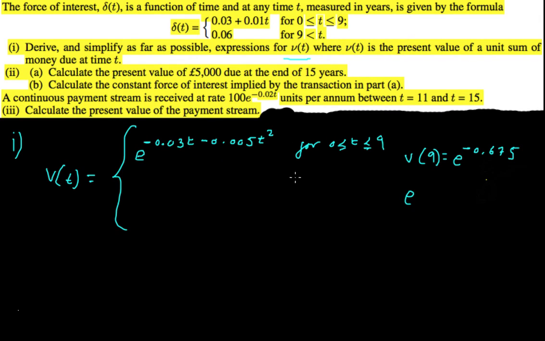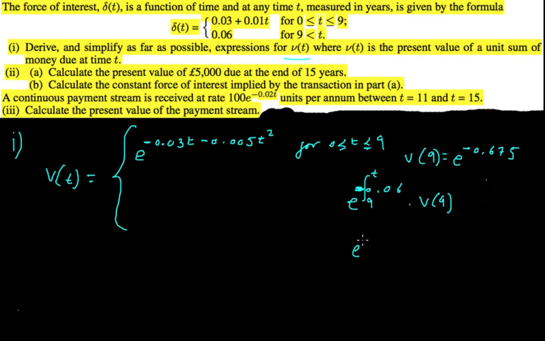I'll just write it over here. That's pretty close still. E to the negative 0.06, that's an integral between time t and time 9. So there we have it, and that's all to multiply by v of 9.